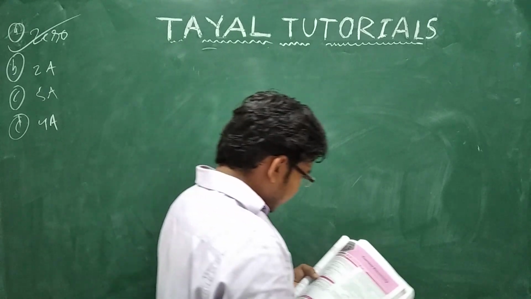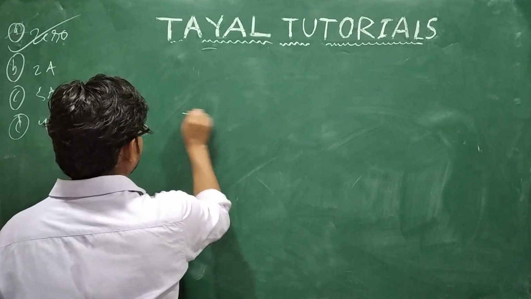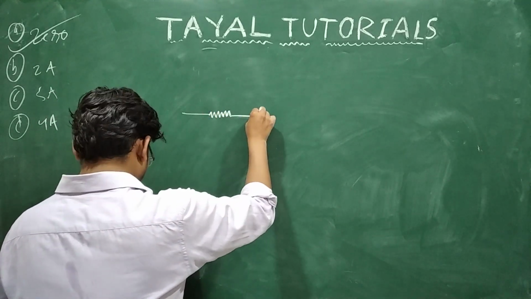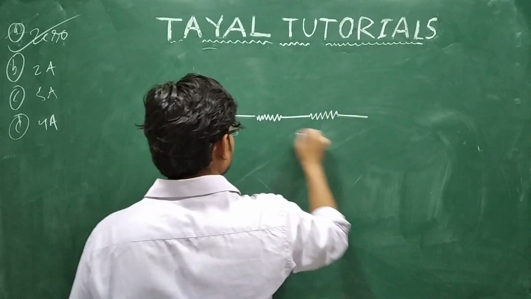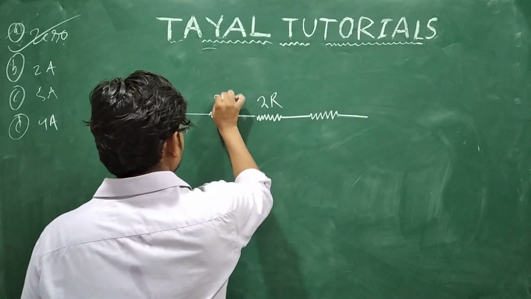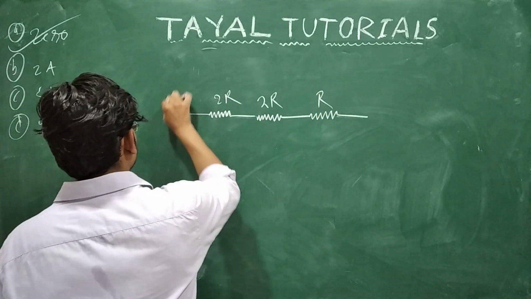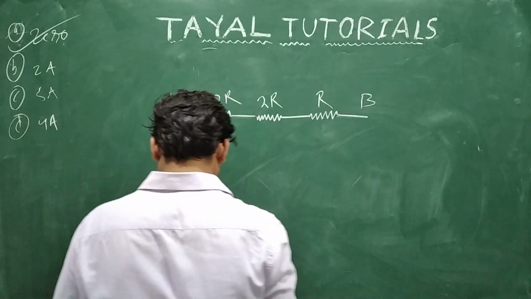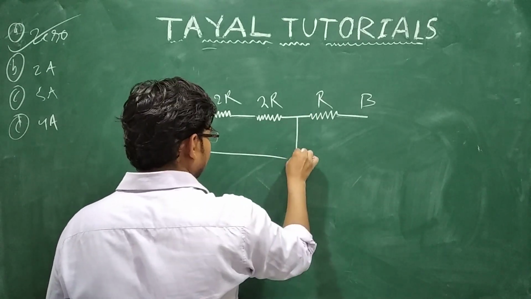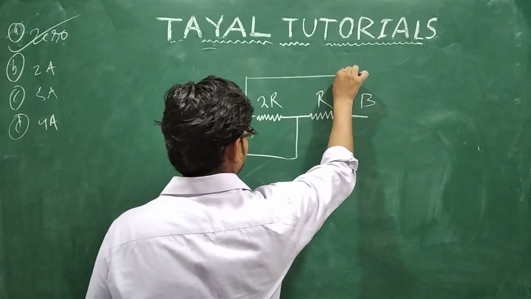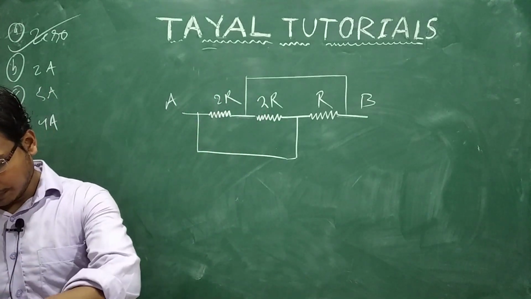Next: the equivalent resistance between points A and B of the circuit given below. They have given a circuit with 2R, R, and points A, B. They are asking for the equivalent value of resistance between these two.